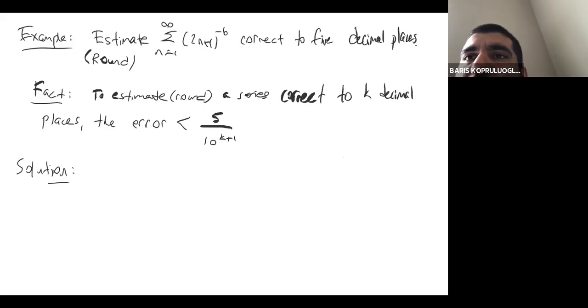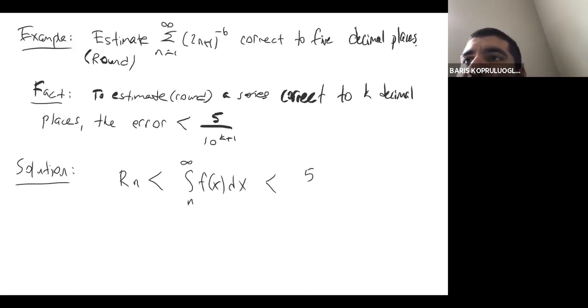So we have (2n plus 1) to the power of -6, and we know that the error R_n is less than the integral from n to infinity, and we want this error to be less than 5 over 10 to the power of 5 plus 1, because k is given as 5.